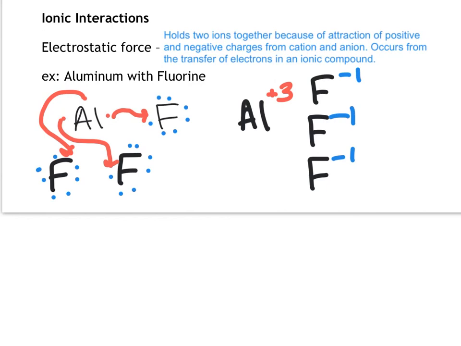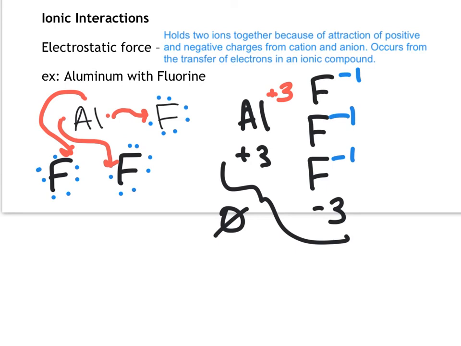Notice that my 3 fluorines have an overall charge of -3, and my 1 aluminum has a charge of +3, so my compound that I make has an overall charge of 0. I have 1 aluminum, and I have 3 fluorines, so I use a subscript down at the bottom to show how many fluorines I have.